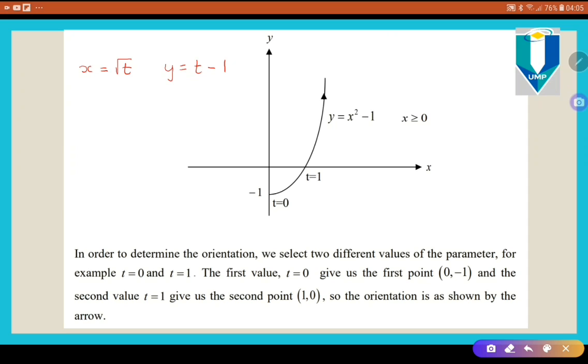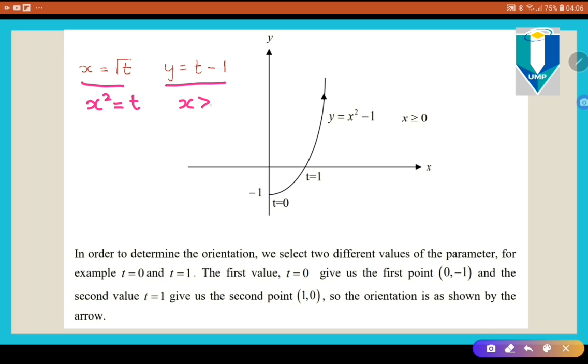Okay, in the example just now, we have the parametric equations x equivalent to square root of t, and y equivalent to t minus 1. Just now we squared both sides of the first equation to get x squared equivalent to t. And we note that t cannot be less than 0, so therefore x cannot be less than 0.